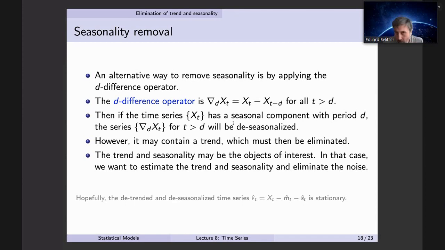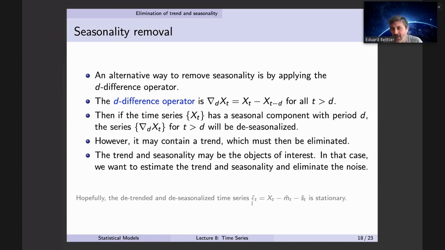Whatever you do, either like this or by estimating the trend and seasonal component, you can always get something which is detrended and deseasonalized, and then you hope that this thing is stationary.